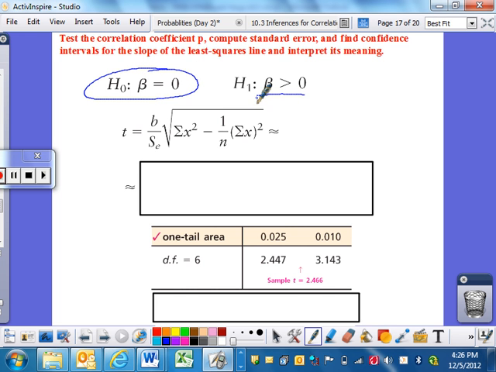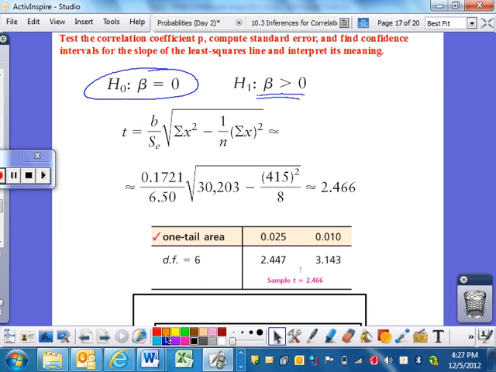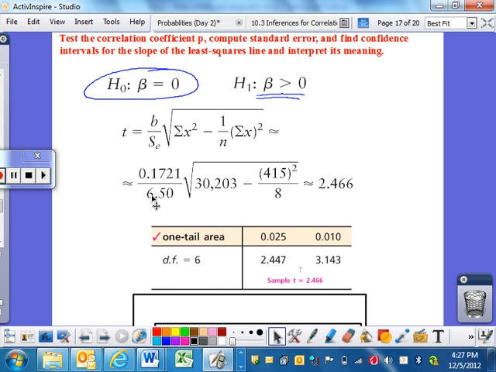They claimed it to be positive, so my alternate is greater than 0. And then you need your t-statistic. So I'm going to move this down. And notice the b value, which is 0.1721 from the previous page, divided by your error, which is what we should have received in that radical that I just set up on the previous slide.